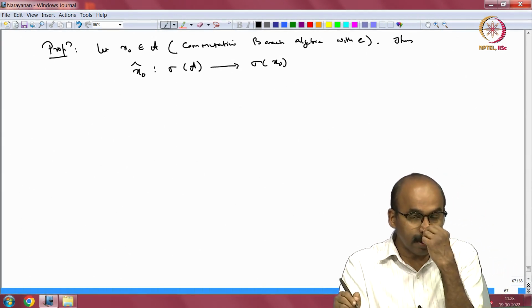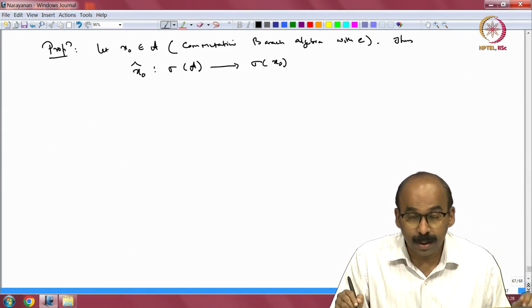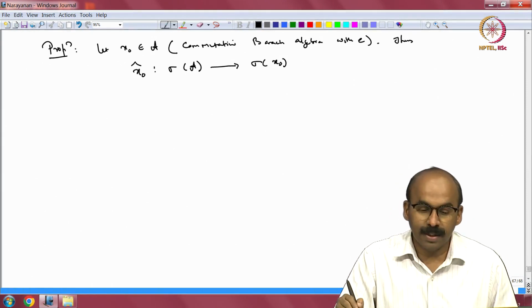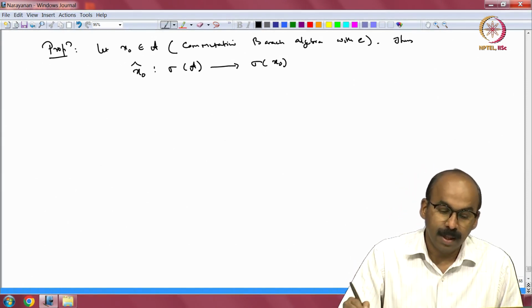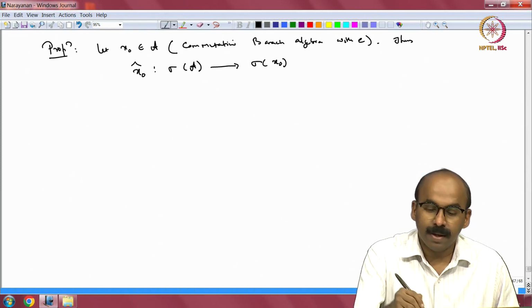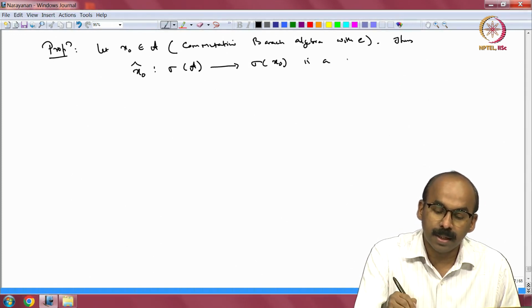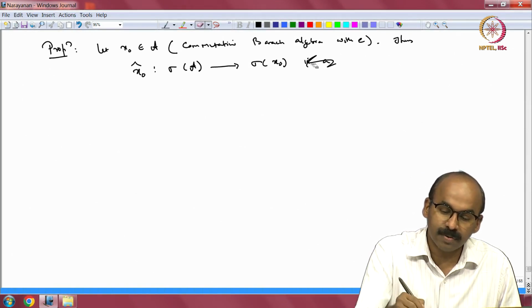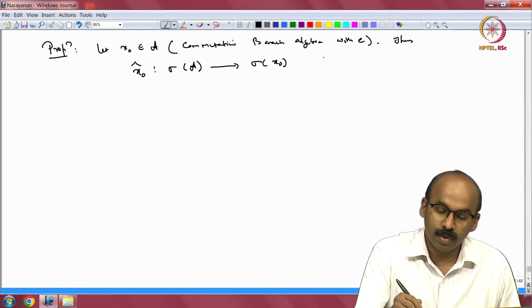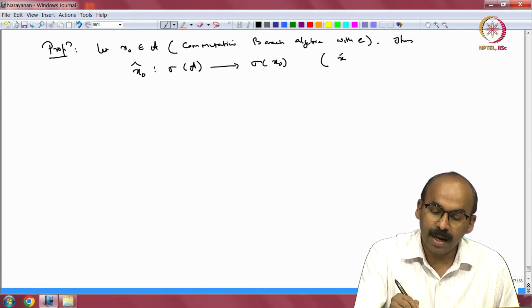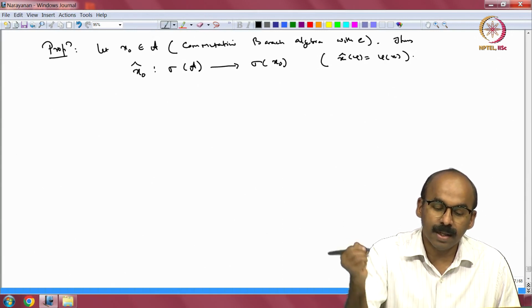The range of the Gelfand transform is the spectrum, something we have already seen. So, what is the map? Let me write down the expression as well. How is it defined? x hat at phi equals phi of x, that is how it is defined.